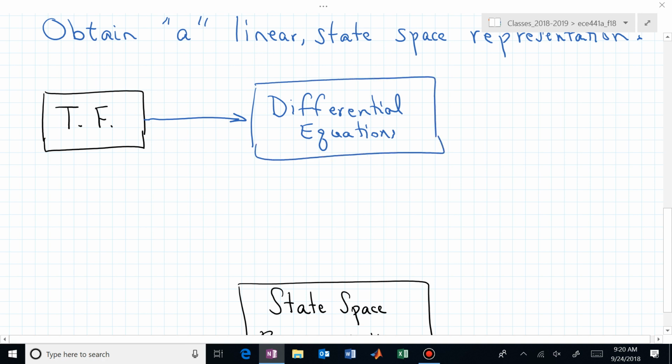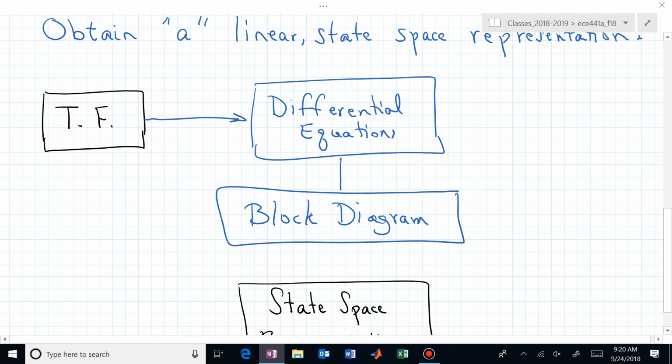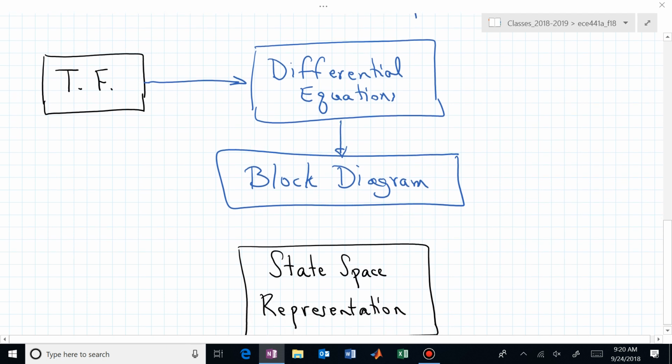From the differential equations, we'll produce a block diagram. And once we have a block diagram, it's pretty straightforward to find a state space representation.